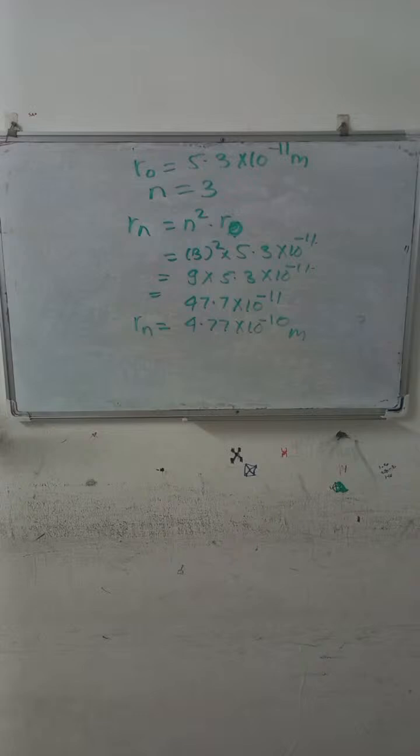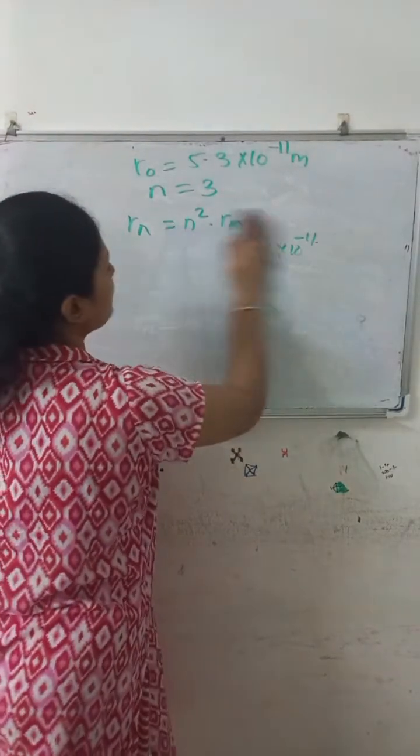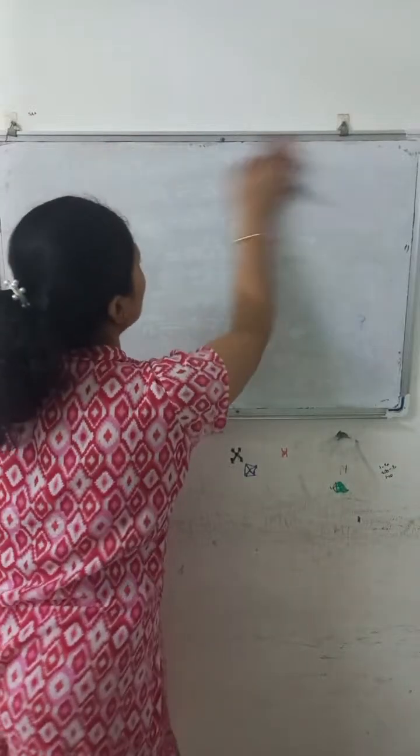Then they are asking, from this, calculate the short wavelength limit for the Balmer series of the hydrogen atom. So how can you calculate now? How can you do this? Try yourself also. I will write the given quantities here.